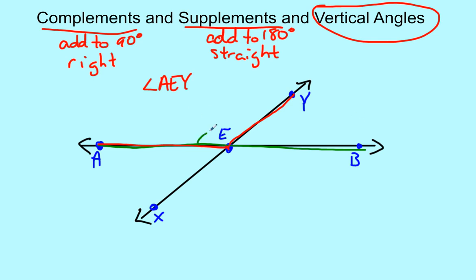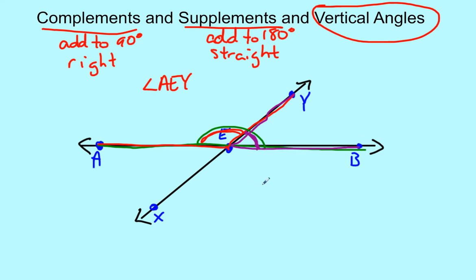So if this is the whole thing, this is 180 degrees, right? This red part is some number, who cares what it is. And then to add to it to get to the full green angle, we just say, well, let's go purple. Let's say we need this part here. And this is made by this angle that's sitting in front of us.